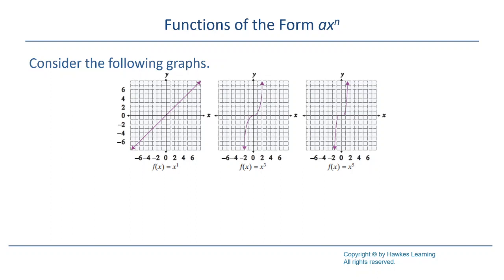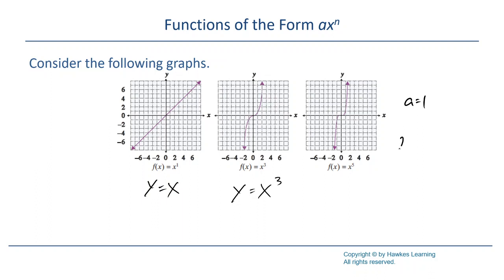All of these have a equal to 1, just to make it a little easier. x to the first is just a line. x to the third is this cubic function. And x to the fifth still keeps that cubic shape, where the main difference is that the power is much higher.